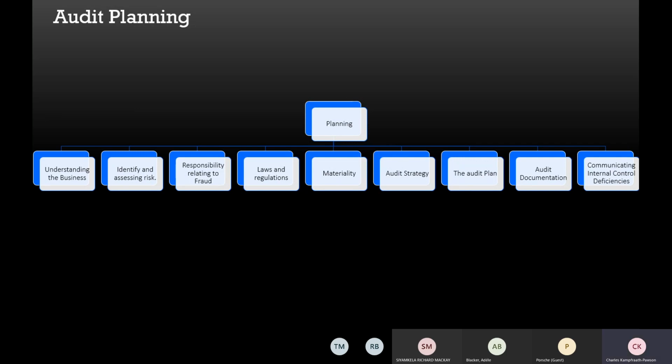And then obviously we need to communicate to management any deficiencies that we note in their internal control system, as well as management need to communicate to us before we start testing. What do they already expect is wrong in their system?